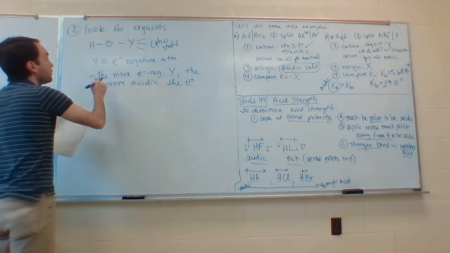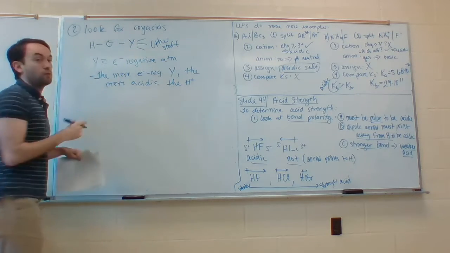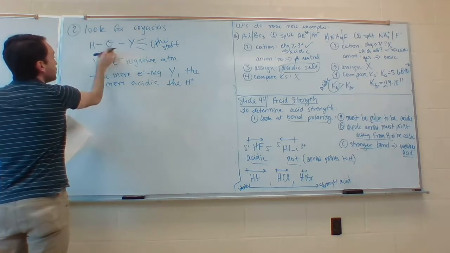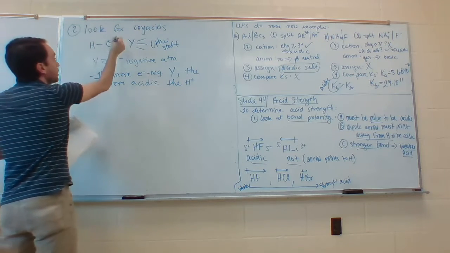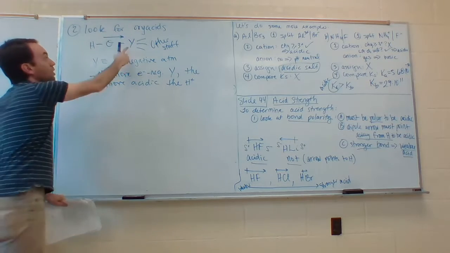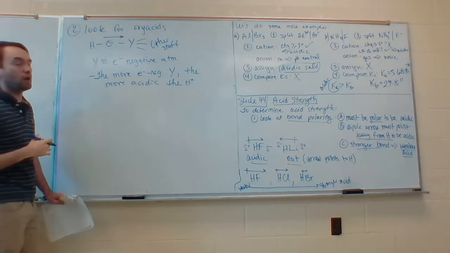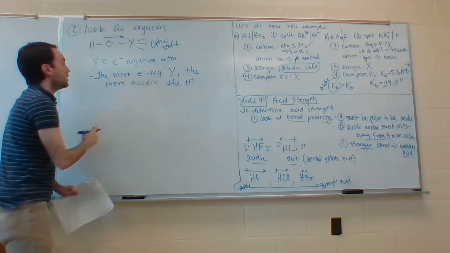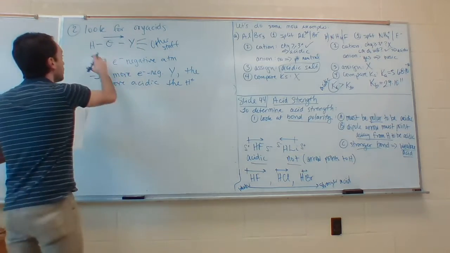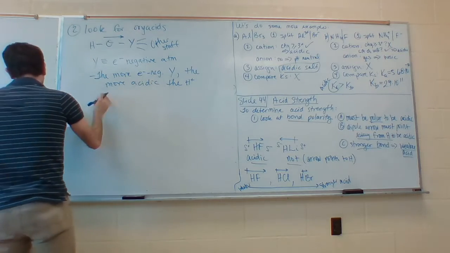Like say you've got a friend group, okay, and this is you, and you're really close to your friend Y, okay? If you spend a lot of time with friend Y, that means you're not going to spend as much time with the H, right? So if this is really strong, it's going to pull the electrons toward the Y. Well, if you pull the electrons toward the Y, that means that this one is going to drift off and become more acidic, okay? So the more that Y is electronegative, the more it wants those electrons, the more acidic that proton will be, because it can be given up more easily, okay?